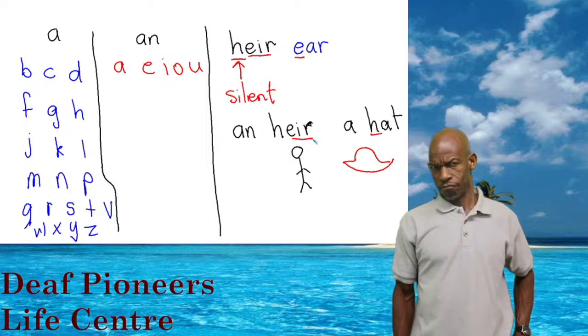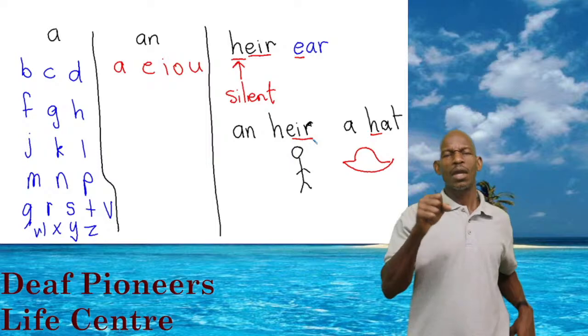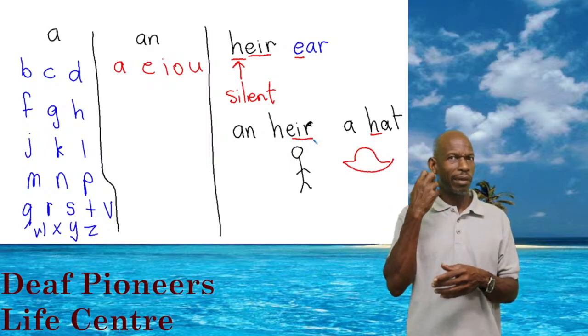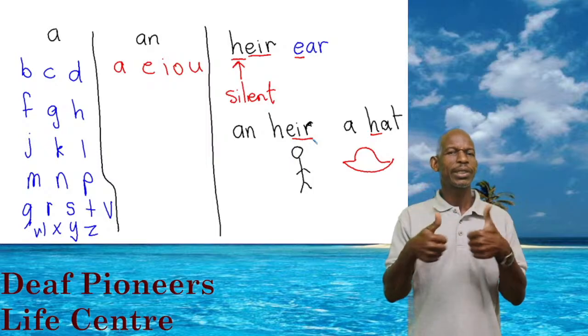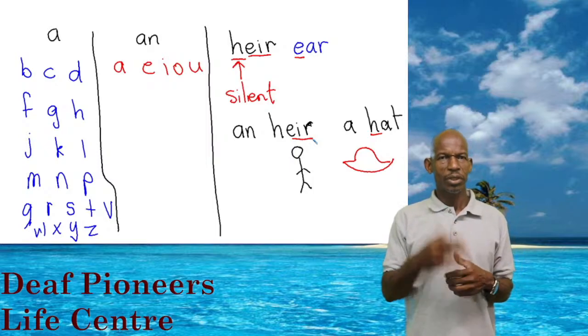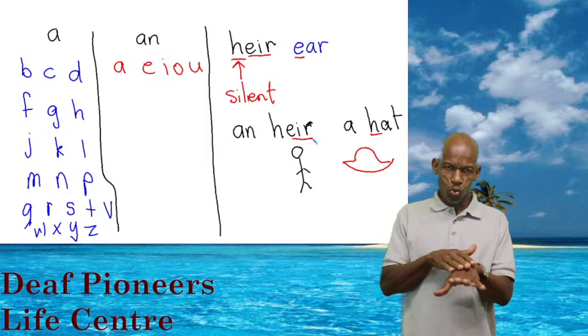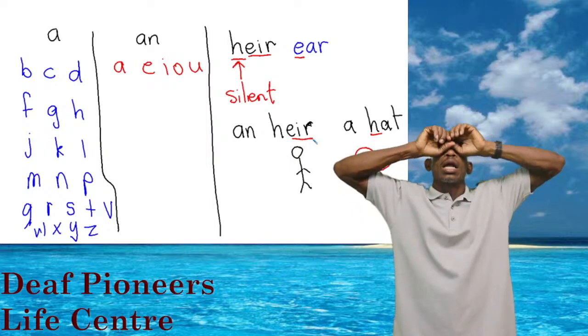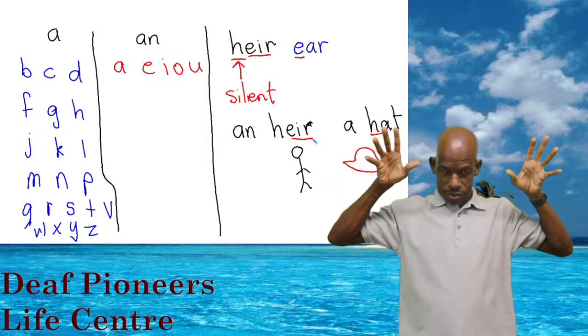Yes, it is hard for a deaf person who can hear the voice. Yes, it is a challenge. And that is why we want to take our time to have you all learn slowly, because a deaf person cannot hear.